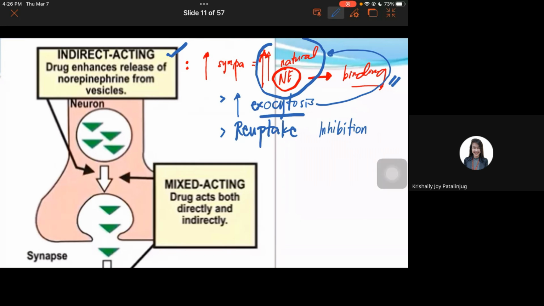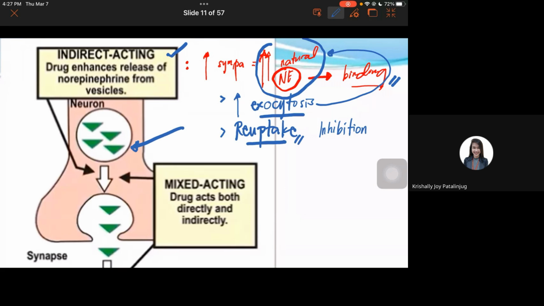So I know you have learned about reuptake process. Di ba? Ito yung major termination ng norepinephrine sa cleft. Okay, once it is available in the cleft, ang reuptake itself, ang nangyayari sa reuptake na a-uptaken or ibabalik natin yung norepinephrine dito sa presynapse.